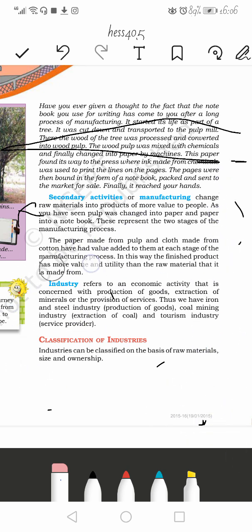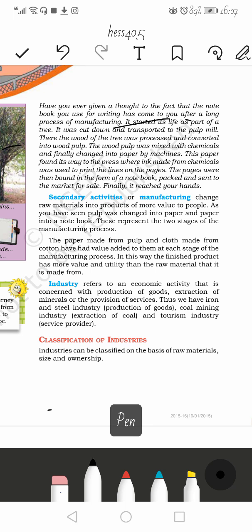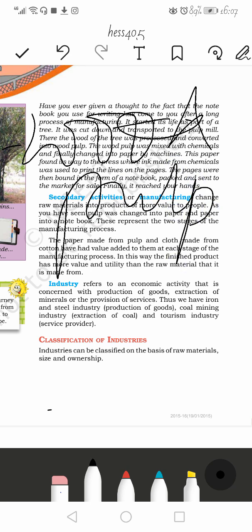So the paper made from wood pulp and cloth made from cotton have added value to them at each stage of the manufacturing process. In this way, the finished product has more value and utility than the raw product it is made from. Now see, if you give somebody wood pulp, they won't use it. It will not have much utility.